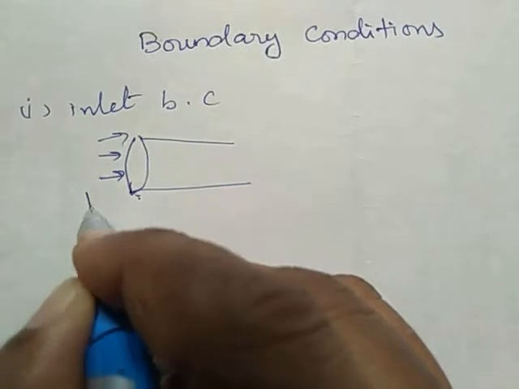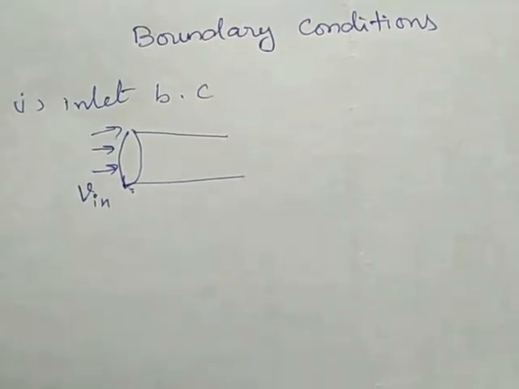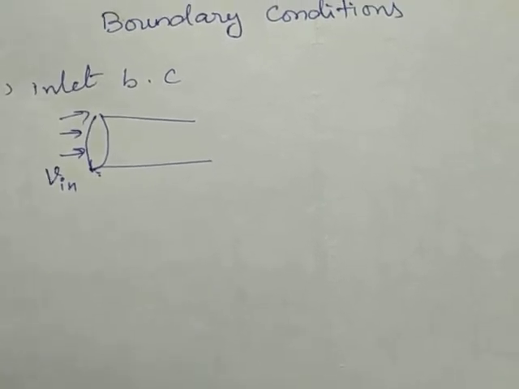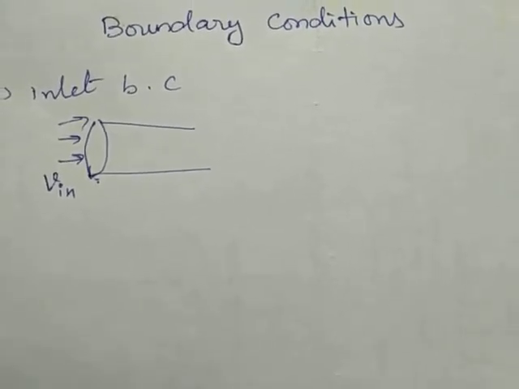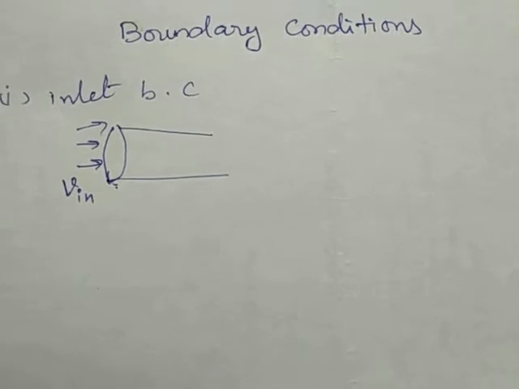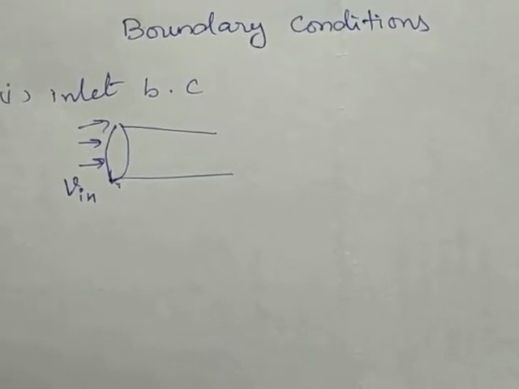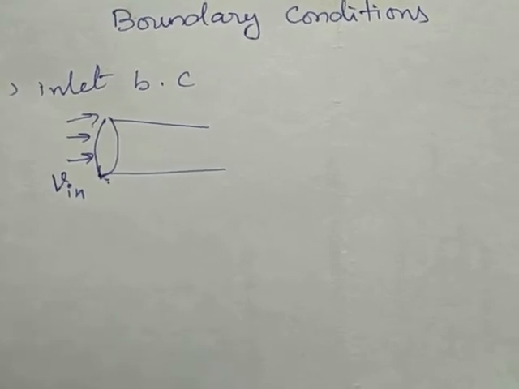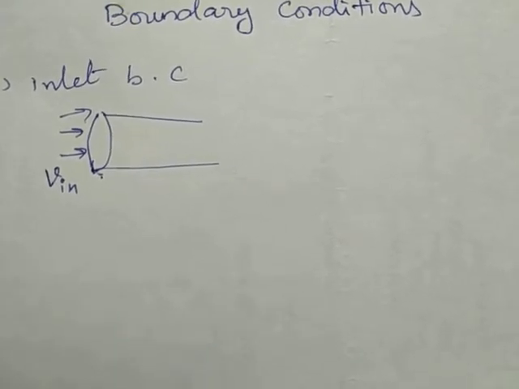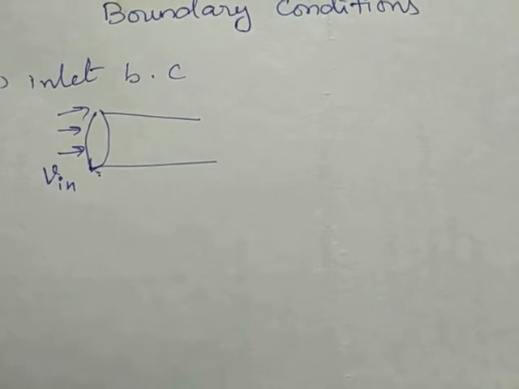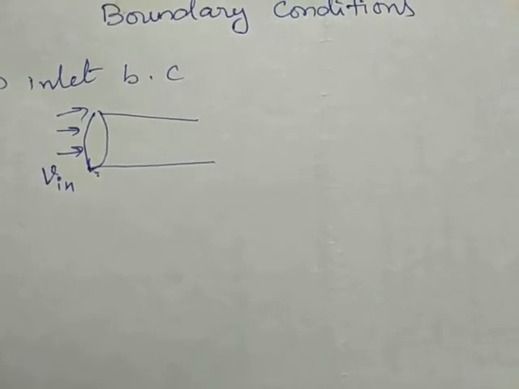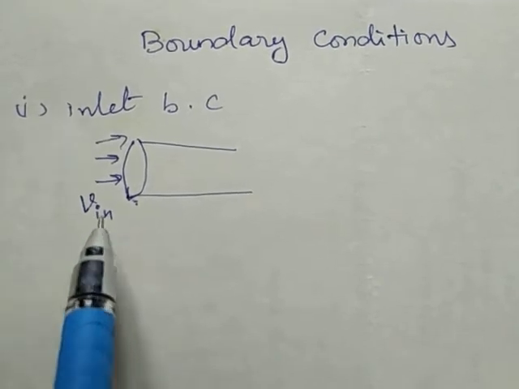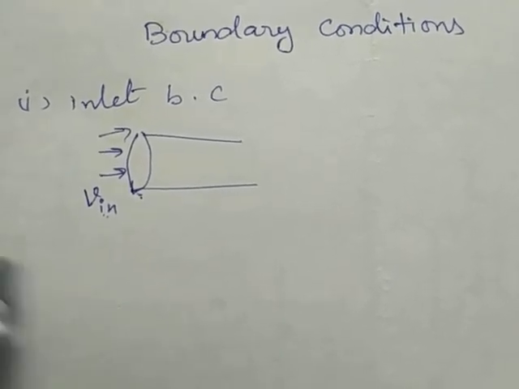If we define the velocity at this place, then it is known as inlet boundary condition. So in inlet boundary condition, the distribution of all the flow variables needs to be specified at the inlet boundary. This type of boundary condition is commonly specified as inlet flow velocity, because I have defined velocity at this place.